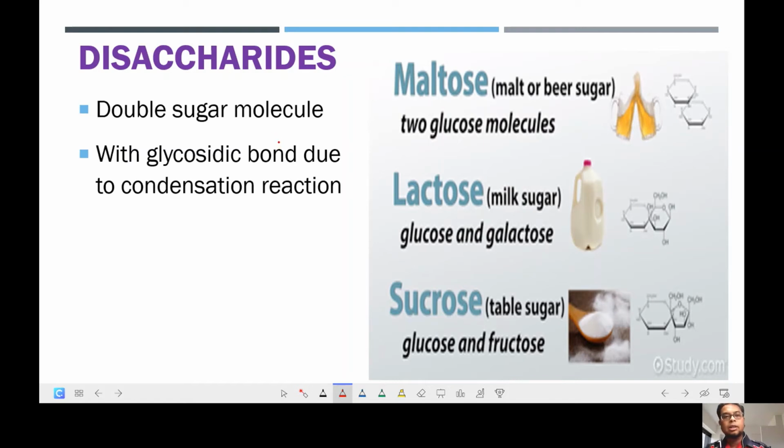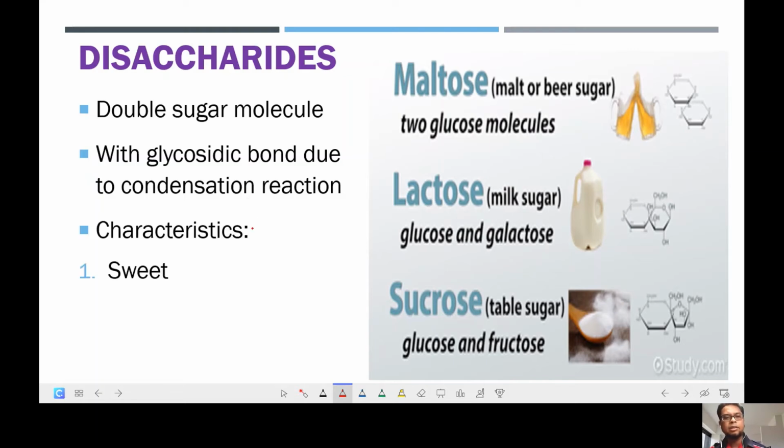The monosaccharides are joined together by a special type of bond called the glycosidic bond. And this glycosidic bond is formed through the process of a condensation reaction. This is a type of reaction that occurs when a molecule of water is removed.